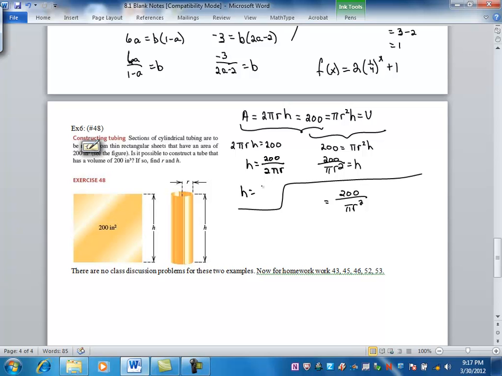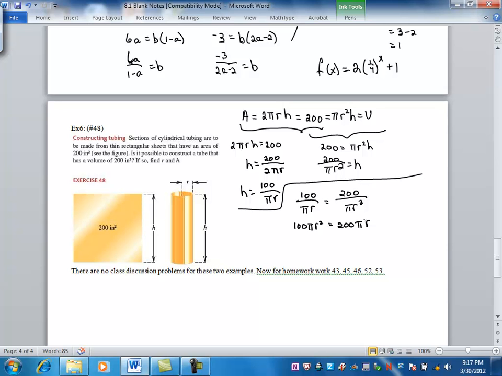So H equals 100 over pi r there. That feels a little better, doesn't it? 100 over pi r. And so we get 100 pi r squared equals 200 pi r.